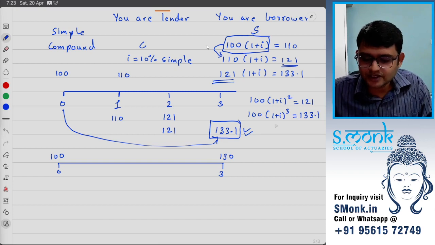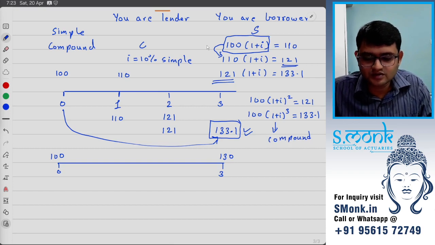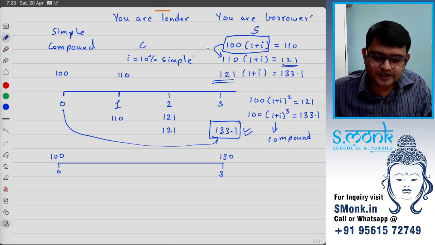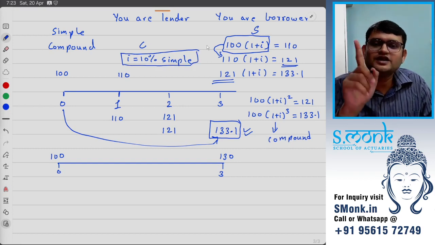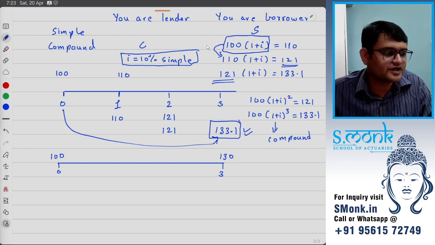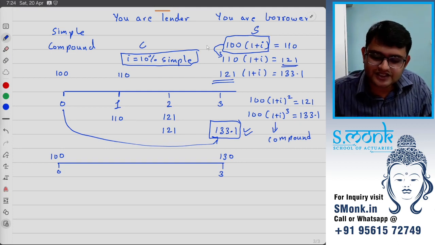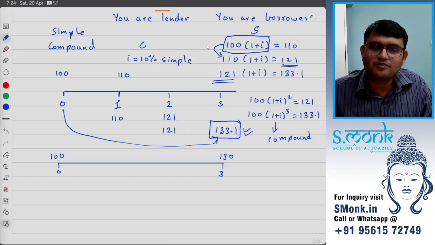So this is nothing but compound interest. Compound interest is basically simple interest given 1 year at a time. We say we are compounding each year. We use the word compounding each year.